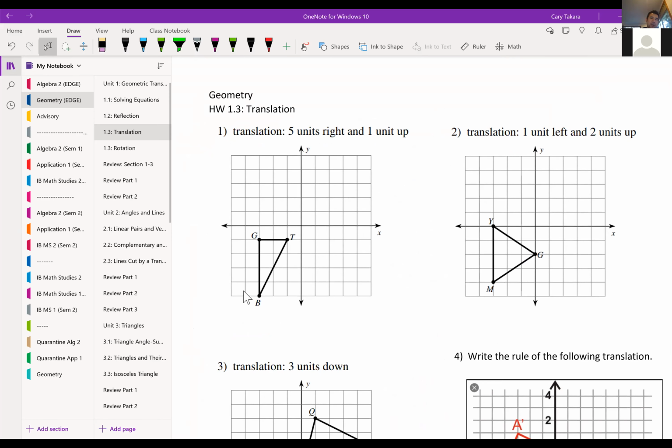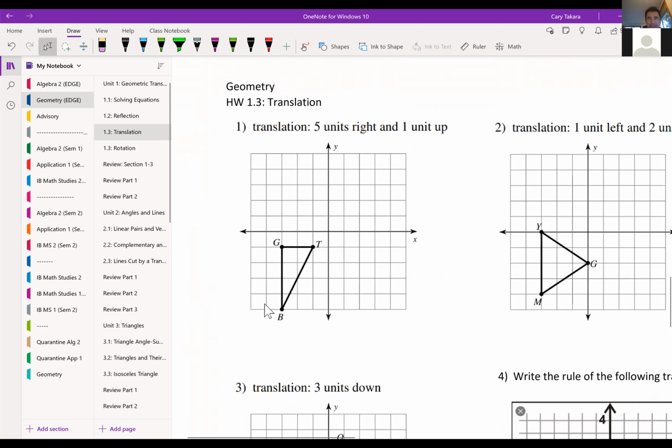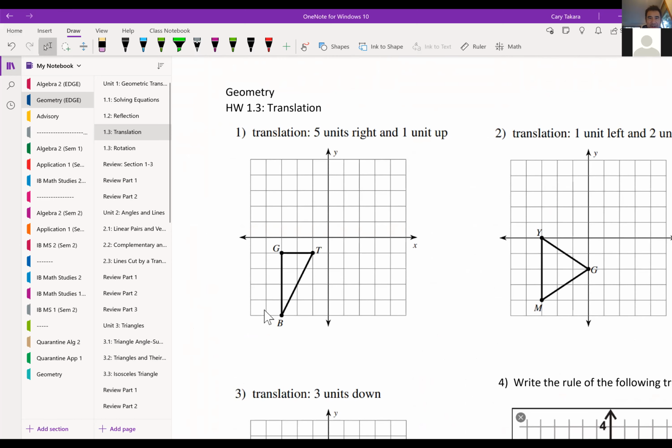Okay. So for number one and number two, let's just deal with the coordinates. Let's go something like this. I wish I could have created more space here.